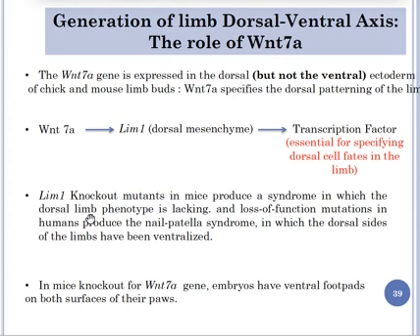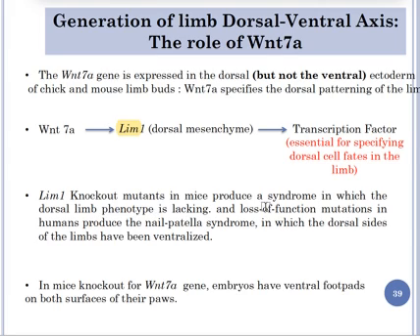In different experiments, for example, they made a knockout mutation in mice for Lmx1b. They removed it, and this produced a syndrome in which the dorsal limb phenotype is lacking. We don't have any dorsal side of the limb formed.